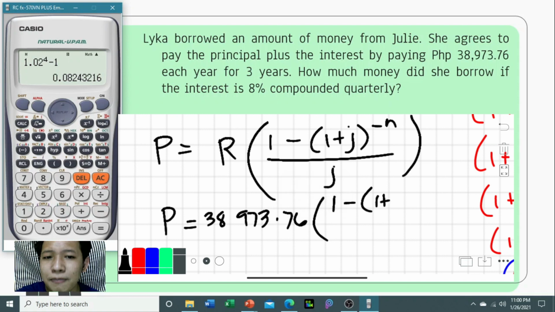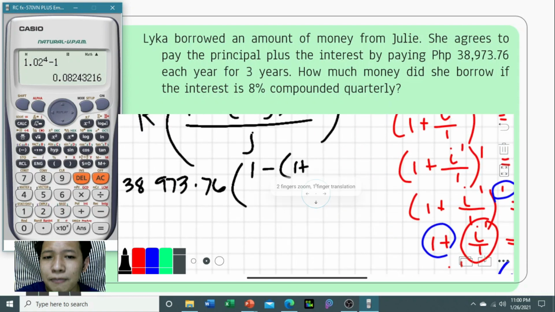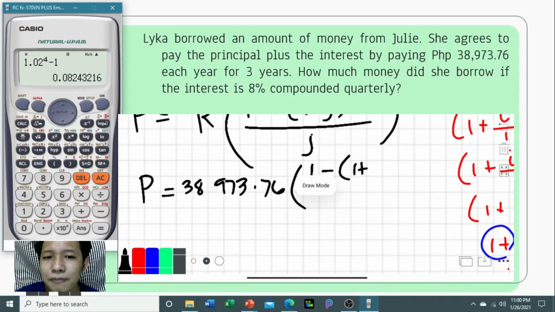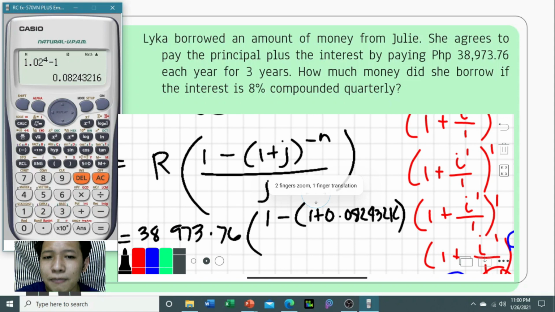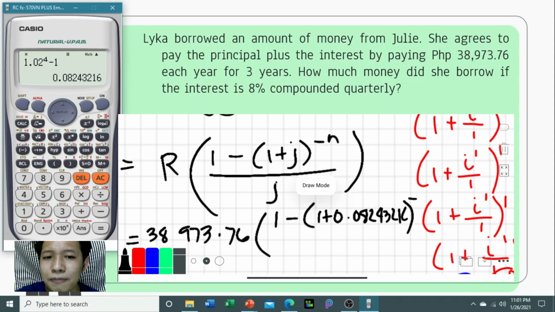Ang ating j ay equivalent again kay, so na yun, nasa calculator, that's 0.08243216, raised to negative n. So yearly po ito, no? Yearly for 3 years. So that is negative 3, over the value of j, which is 0.08243216.